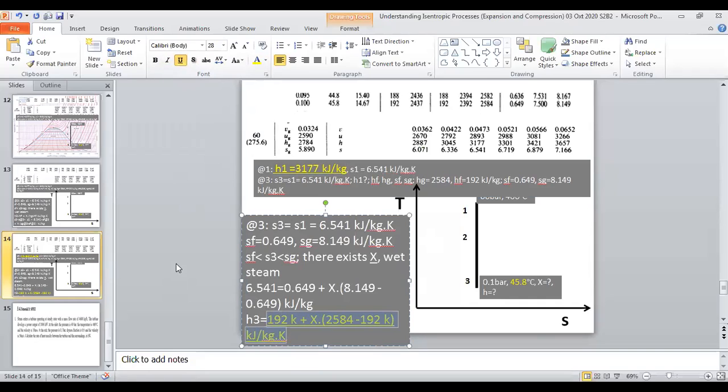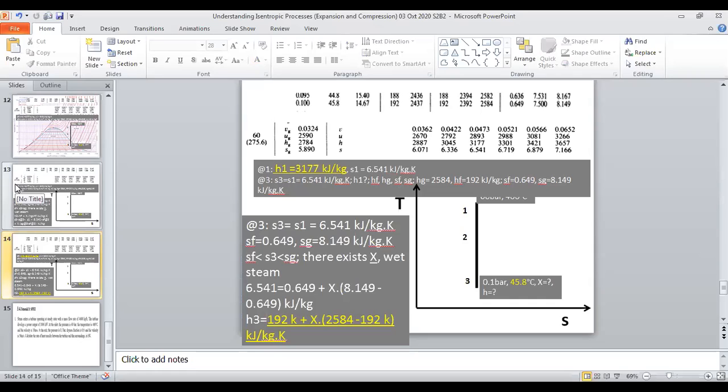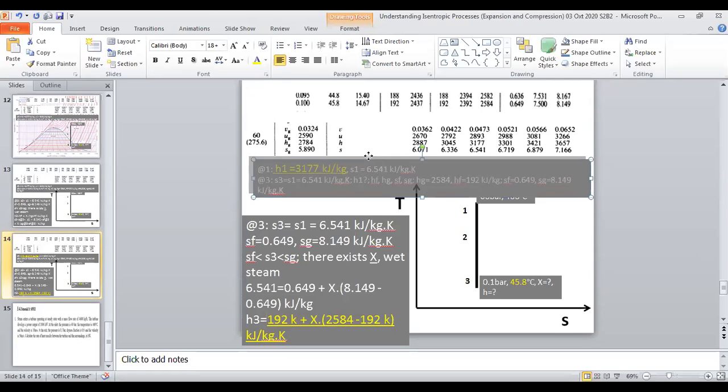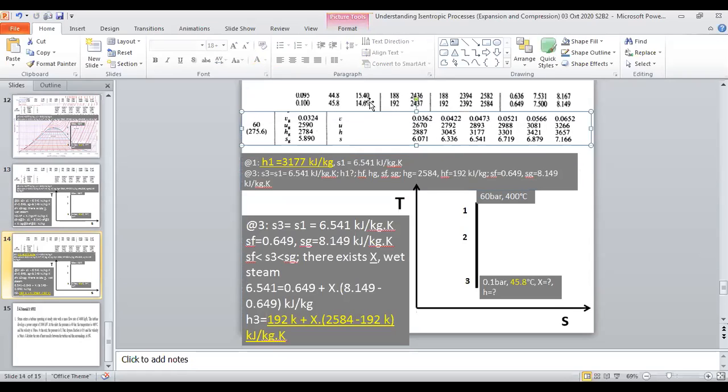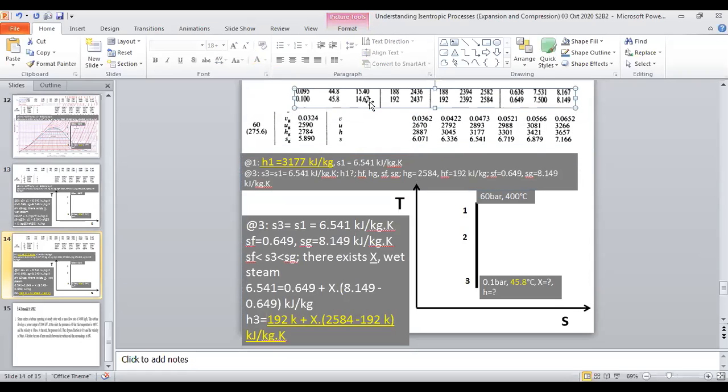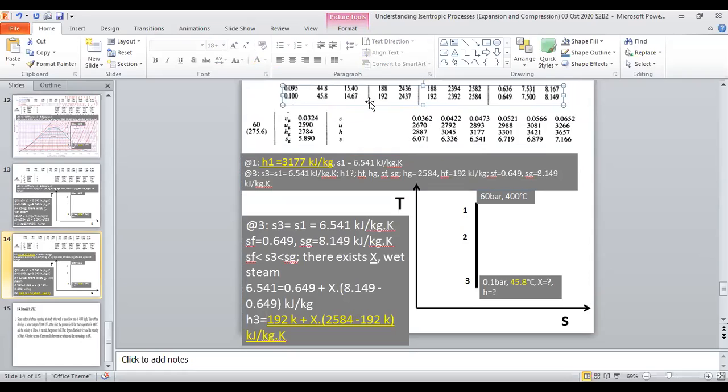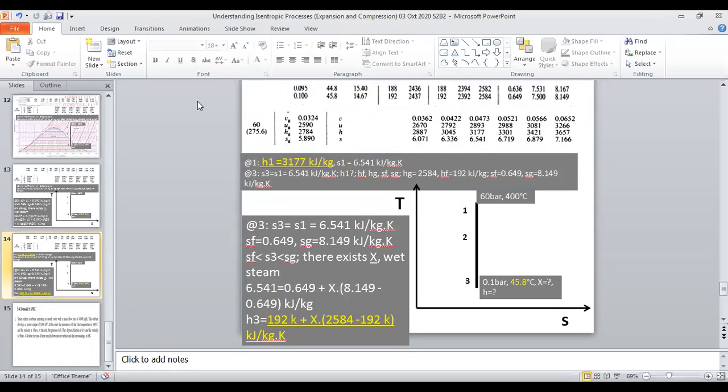Based on this, now you can take H1 minus H3, and also your m dot, the mass flow in kilogram per second, you can get it. So it's interesting. That's how we are using the isentropic concept to calculate work done, isentropic work done in turbines.